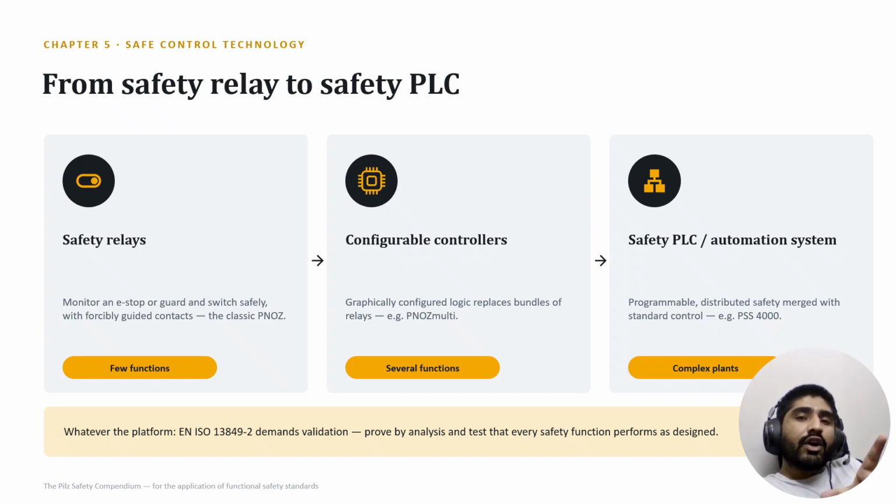And for complex distributed plants, programmable safety controllers and automation systems like PSS 4000 merge safety and standard controls in a single environment. But whatever the platform, ISO 13849 requires validation, proving by analysis and step-by-step testing that every safety function actually performs exactly as it was designed.